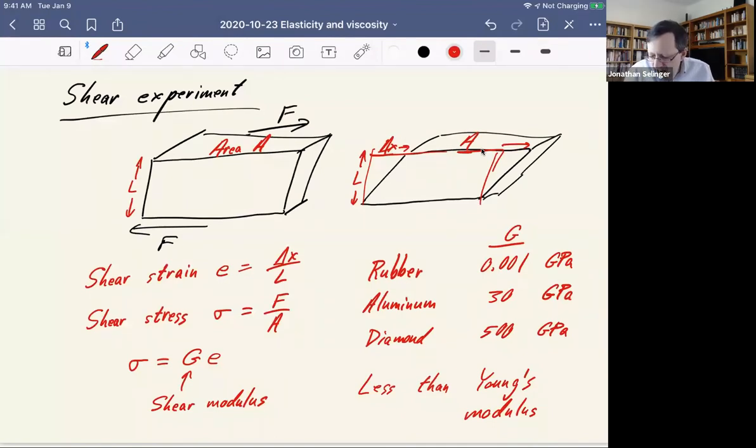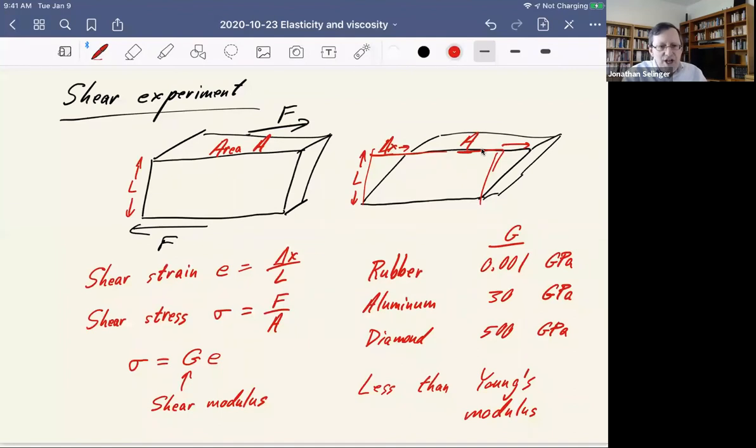for any isotropic material, there are 2 independent elastic moduli, and then you can calculate other parameters from those 2 things. Okay? So here I am telling you about 2 moduli. There are others.